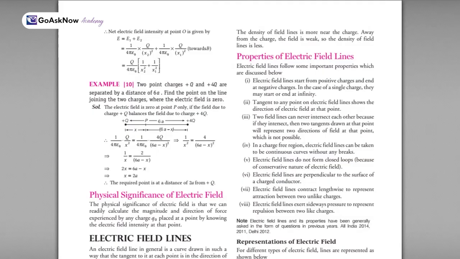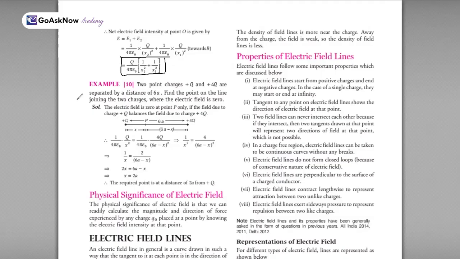So it will become equal to KQ by X2 square plus KQ by X1 square, and direction will be towards the B. After simplifying, we will get KQ into 1 by X2 square plus 1 by X1 square. So this is the final answer that is given here. It was a simple question, but you have to be aware of the directions.